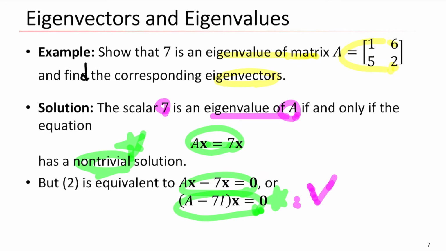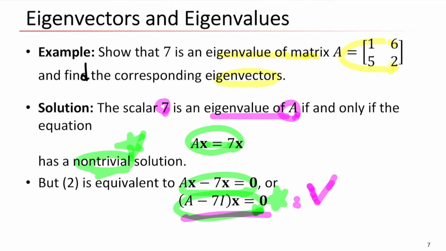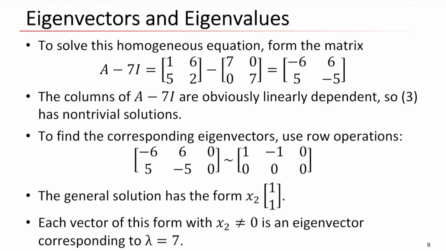We already did this in the definition of the null space, right? So let's do that. To solve this equation, we can make the matrix form. Matrix A is here, and 7 times the identity matrix I is here.